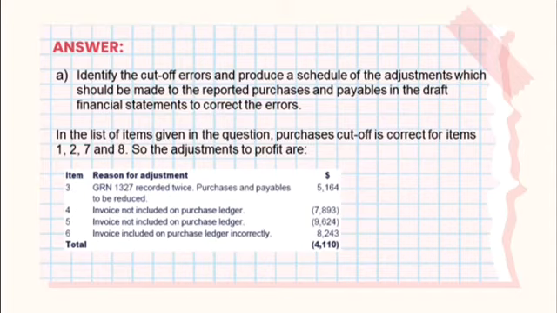The adjustments to profit are item 3, the GRN that was recorded twice, where purchases and payables are to be reduced, and items 4 and 5, the invoice not included in the purchases ledger and the invoice included in the purchases ledger incorrectly, where the total is 4,110.